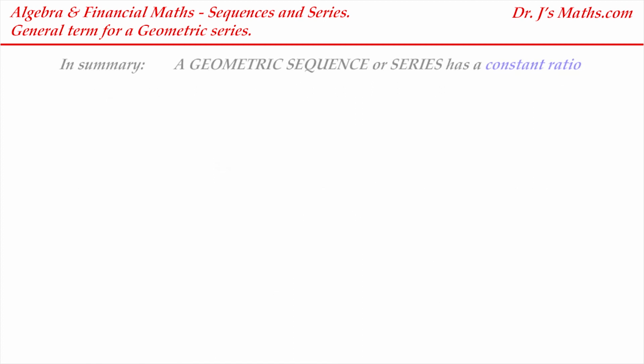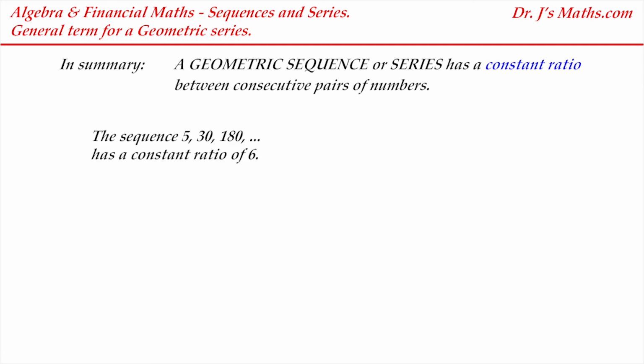So to summarise, a geometric sequence or geometric series has a constant ratio between consecutive pairs of numbers. The sequence 5, 30, 180 and so forth has a constant ratio of 6.